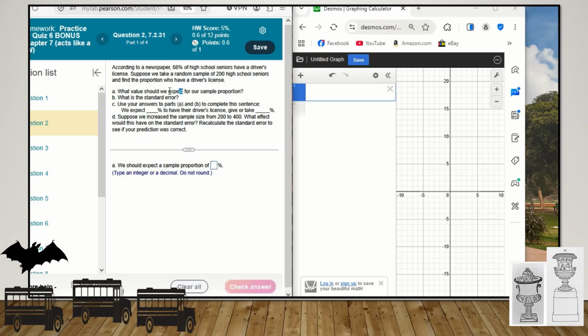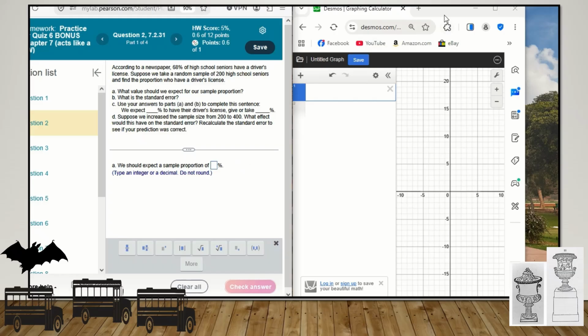But notice the key: what value should we expect for our sample proportion? I thought it was talking about the expected value, but notice it's talking about a sample proportion. Even though it says proportion, it wants it as a percent. So I think the key on these is to look out for when it wants a percentage and when it wants a proportion, which would be just the decimal, not converted into a percentage.